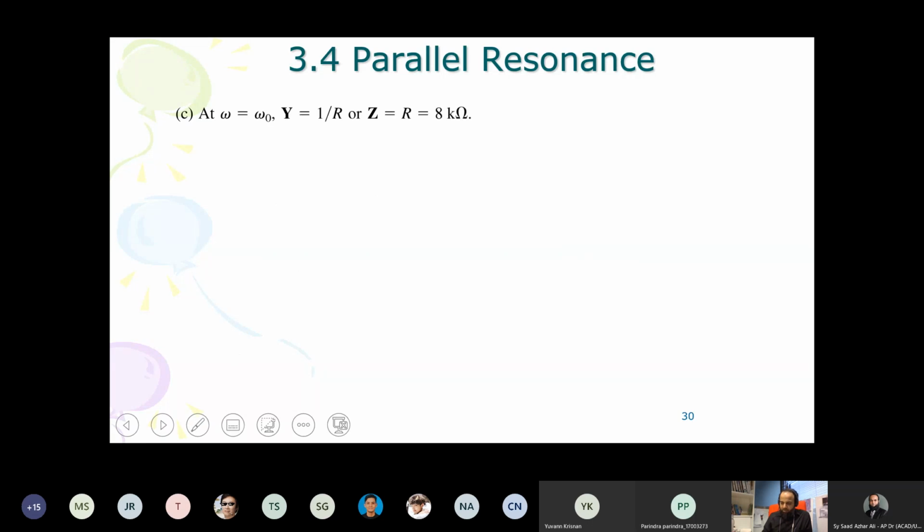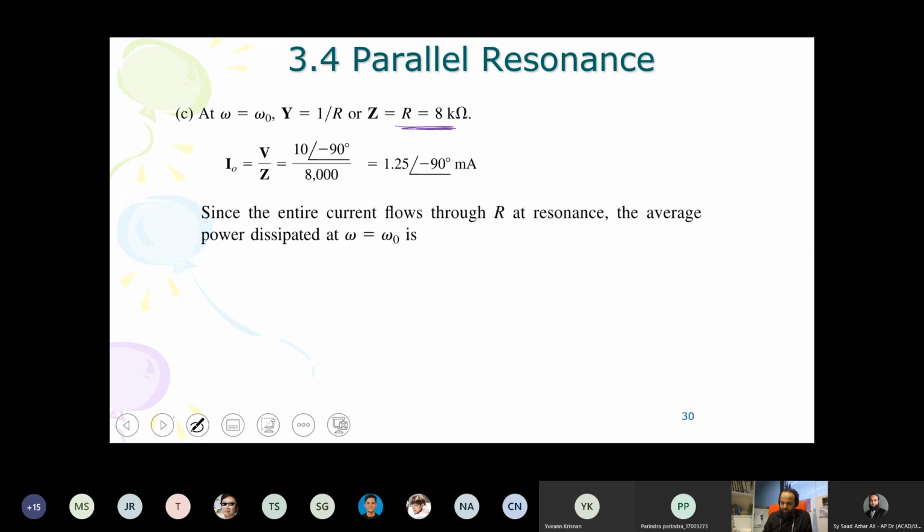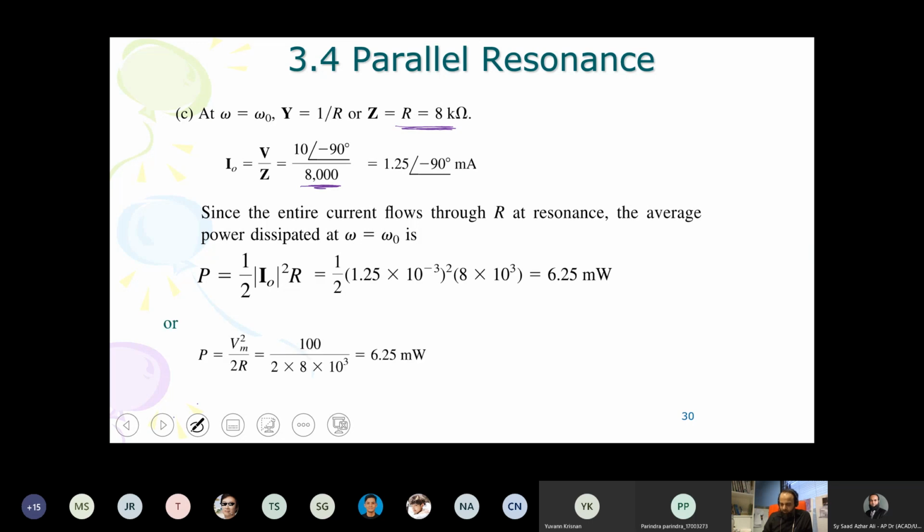And what else? At omega naught, this is just R. Remember that the X and the L components cancel out. So V upon Z is like V upon R actually. Let's type it. We told you before. Power dissipation is half I squared R, or Vm squared upon 2R.